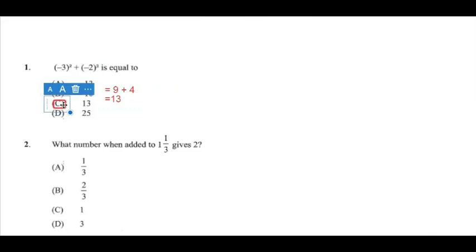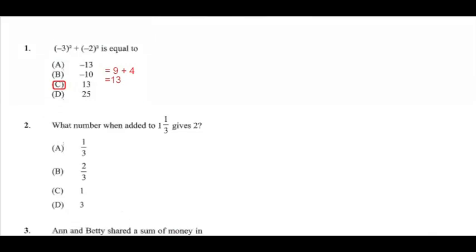So we're just moving right along. So number two, what number when added to 1 and 1 upon 3 gives 2? So there are different ways you can work this question, but I'm just going to change the mixed fraction to an improper fraction. So it's 3 ones, 3 plus 1, 4 upon 3 plus x, which is the number that we're trying to find, and that is equal to 2. So what I'm going to do is multiply the entire equation by 3 to cancel the 3 that is at the bottom.